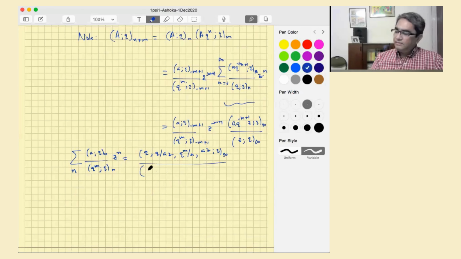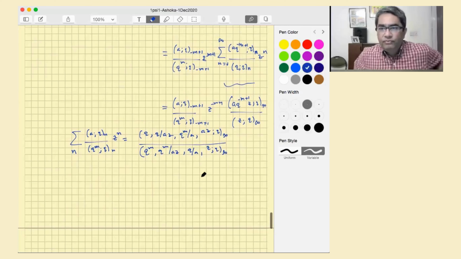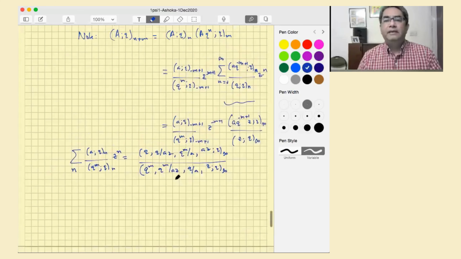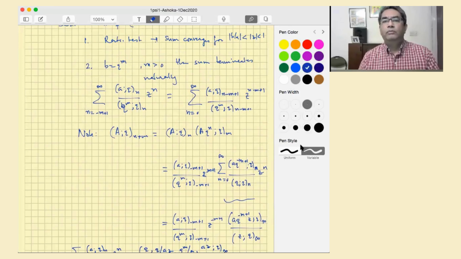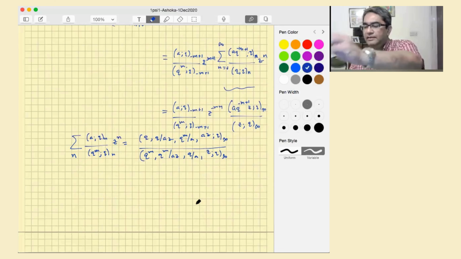So this is just elementary algebra. When b equals q raised to m, just by using the q binomial theorem, one can get this expression. And here is the proof.